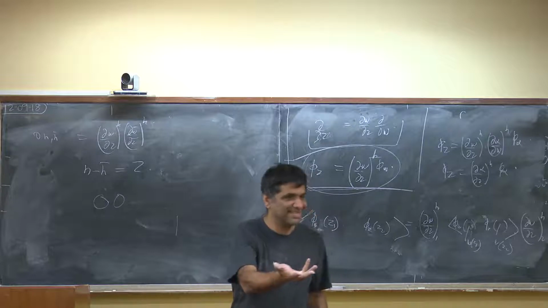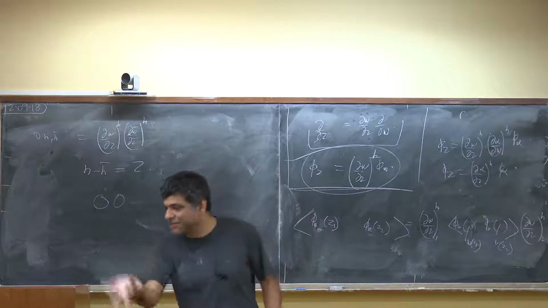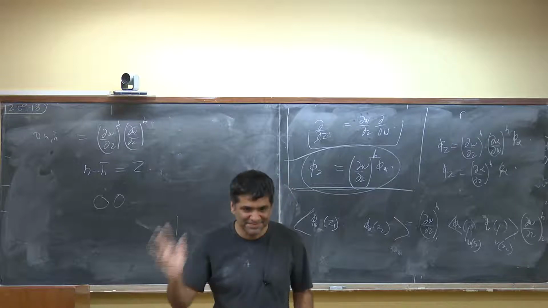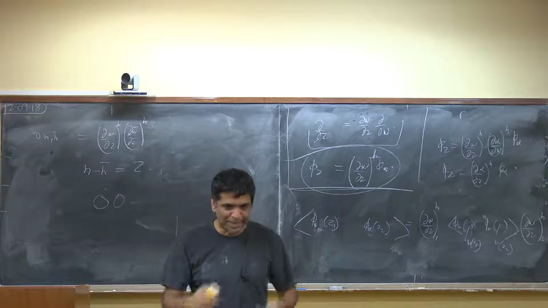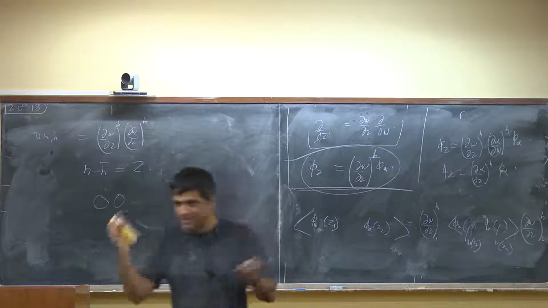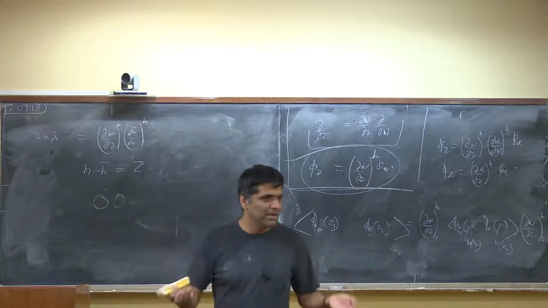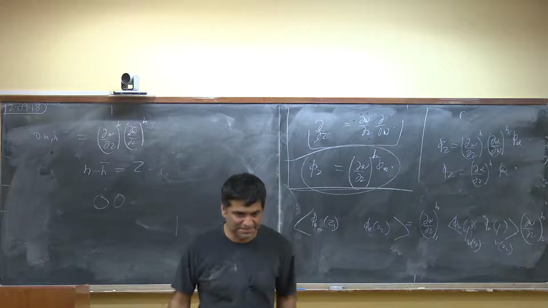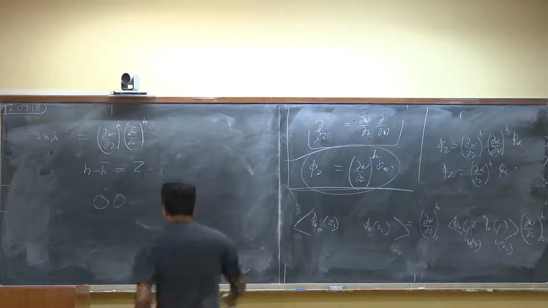And T's are the generators of conformal transformations. So I just have to put that information together in order to understand what the interaction between the stress tensor and these primary operators is. Okay, so let's do that.